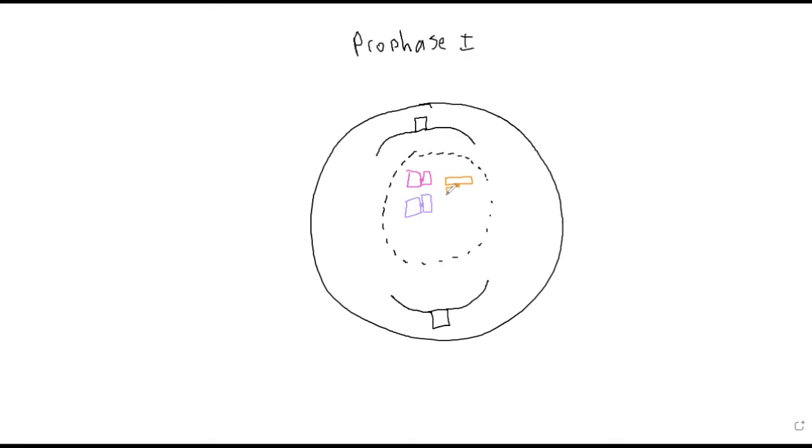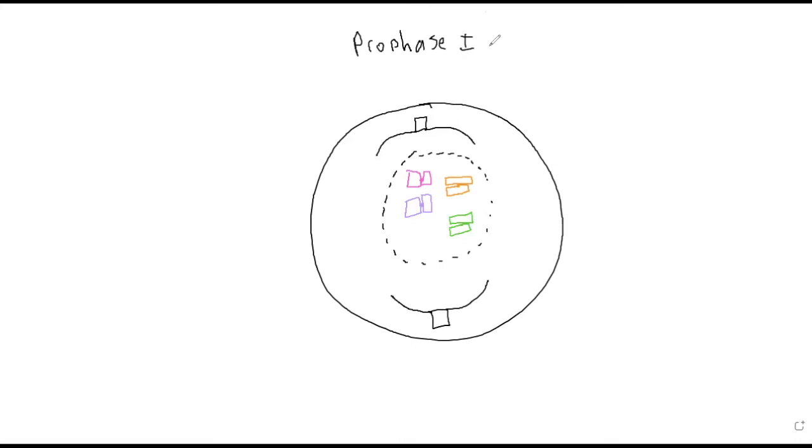At the end of S phase, the chromosomes are copied, and that's when you have the sister chromatids. Wait, why am I doing it the same color? So this is just as we have normally.